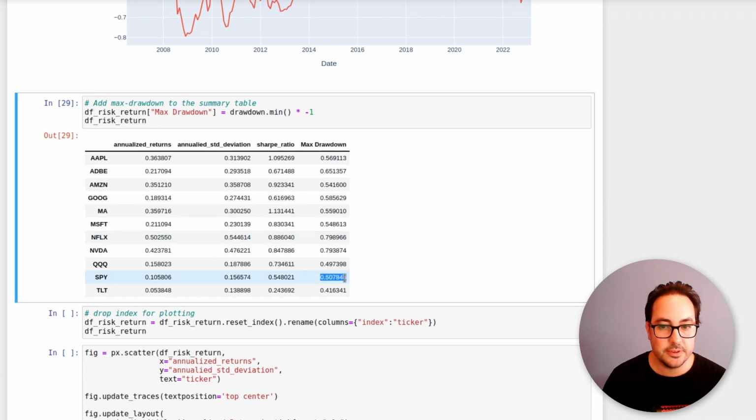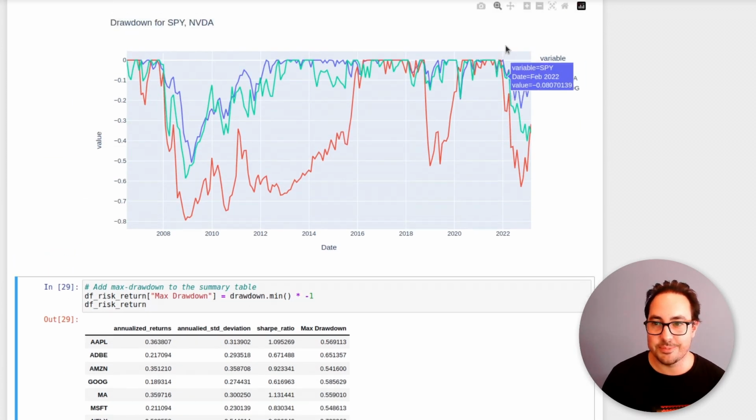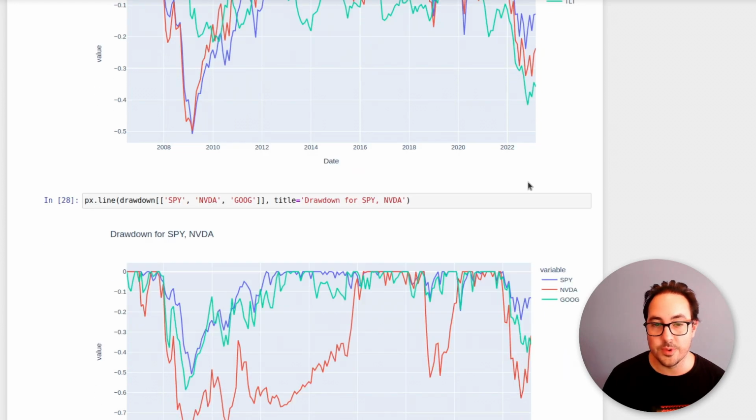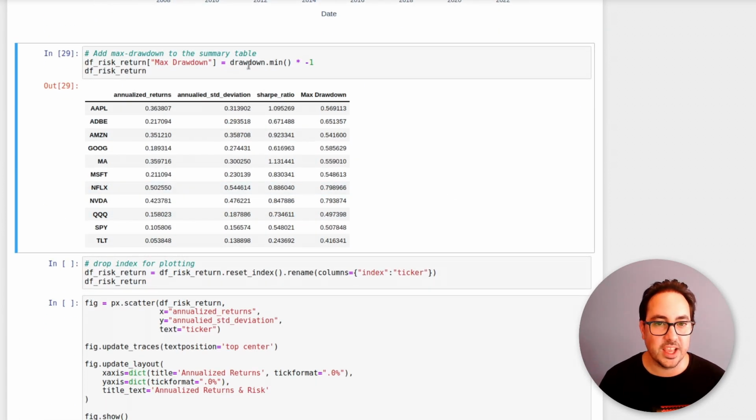For the S&P, 50%. And the bonds, this one is actually a very recent one, probably here. Yeah, 41%. So I think having this table gives you a lot of information in terms of how to interpret the investment options.